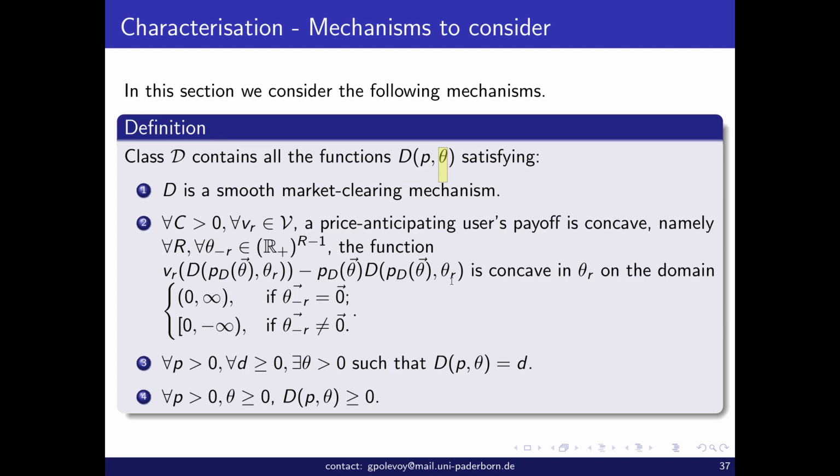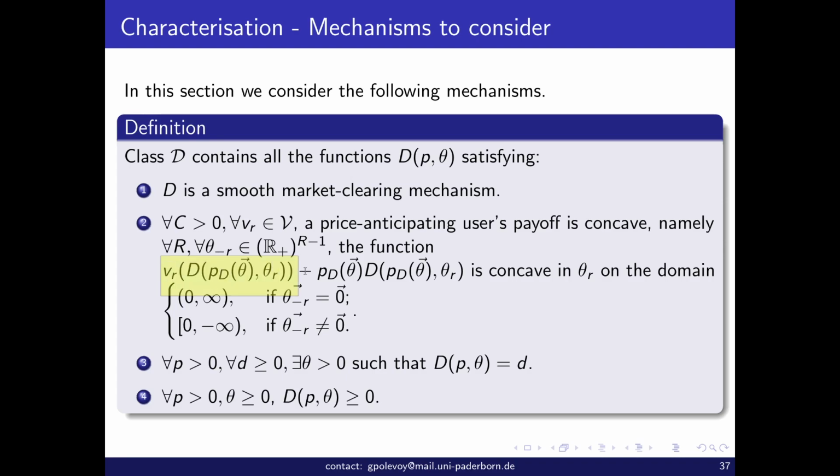What it means is that the value of what the user obtains because of obtaining the resource, when the amount of resource the user obtains is the function d of her bid and of the price, which is in turn a function of the bid and of the mechanism, because price anticipating user.